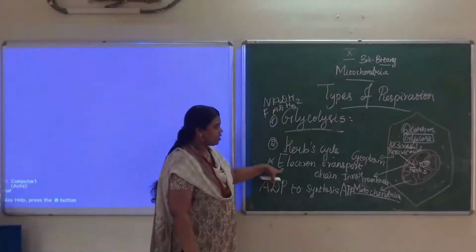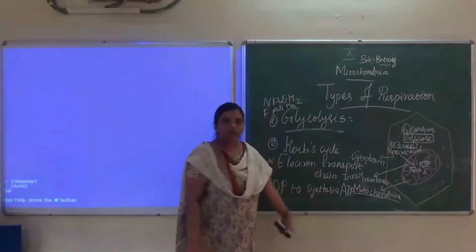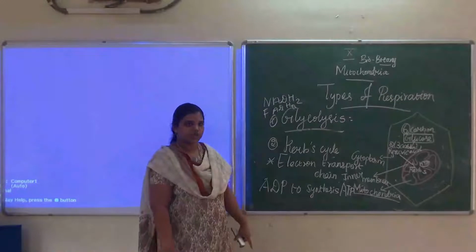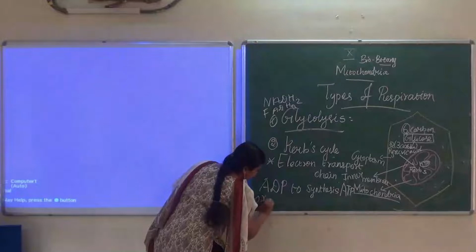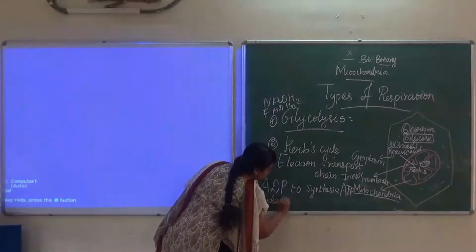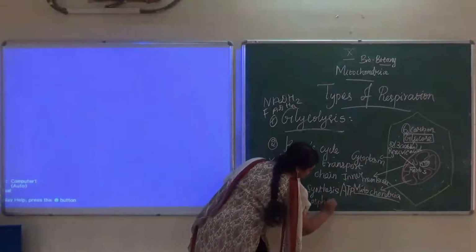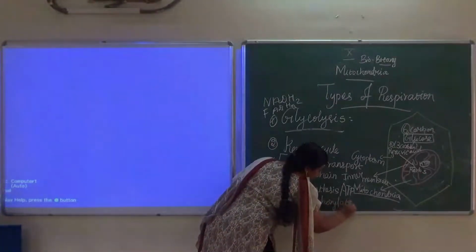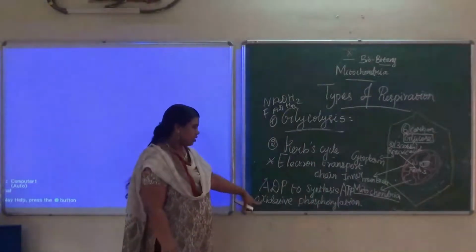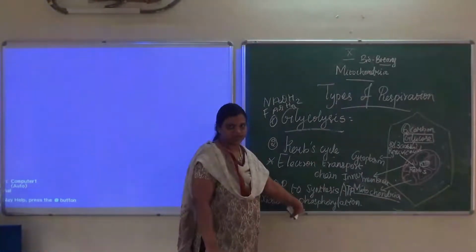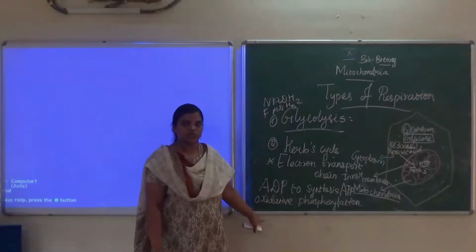Oxygen is involved in forming ATP from ADP, so we have to tell it is oxidative phosphorylation. You underline this, one of the important names in the Krebs cycle, aerobic respiration, oxidative phosphorylation.